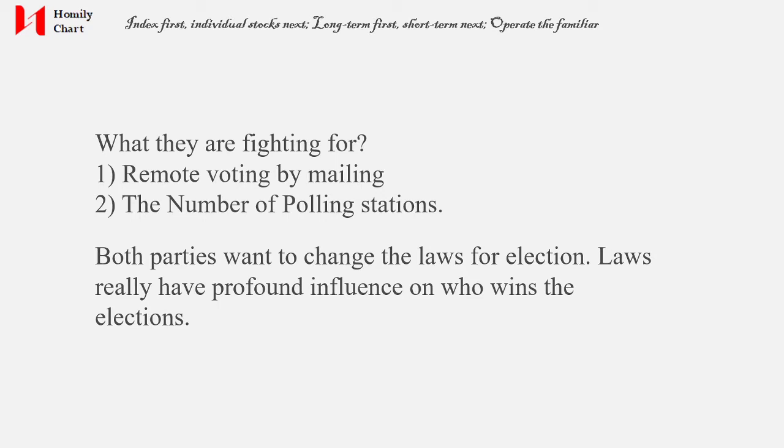Okay, and what can we learn from this? Actually, it is about the rules for stock investment. We also have rules for the stock market, right? As retail investors, it's not possible for us to change the rules of how the stock market works. The big institutions have the ability and capacity to change the rules of the game, right? As retailers, we don't have such capacity to change the rules, but we do have control of our own trading rules.